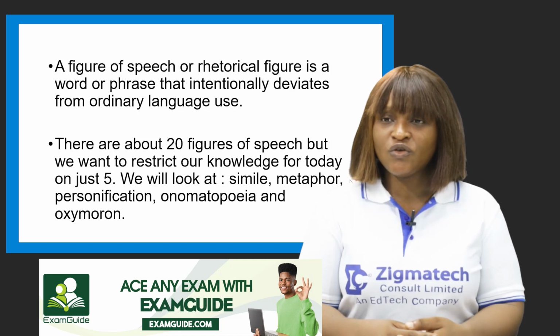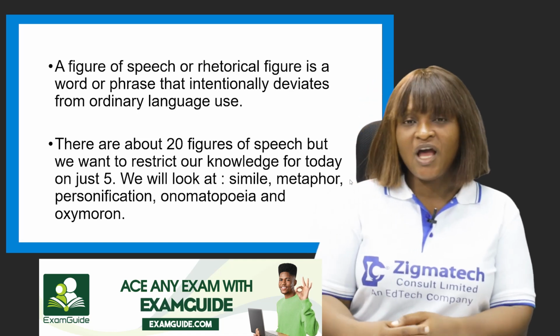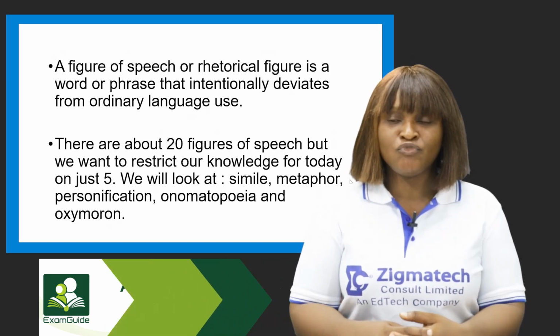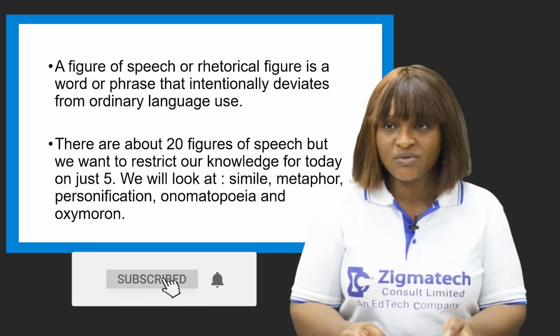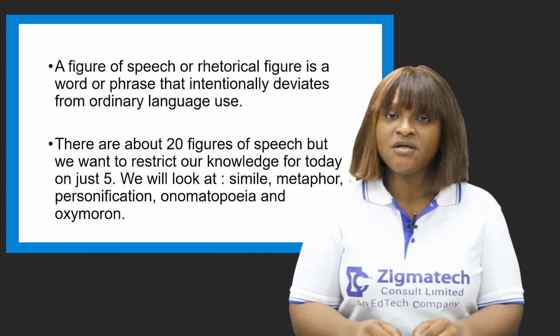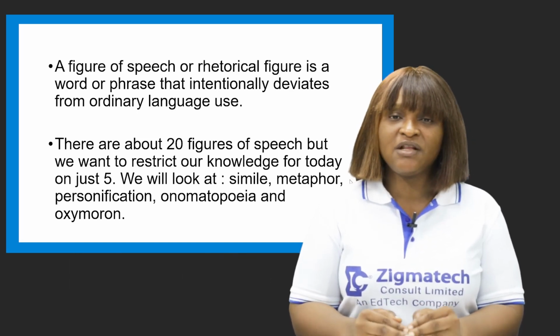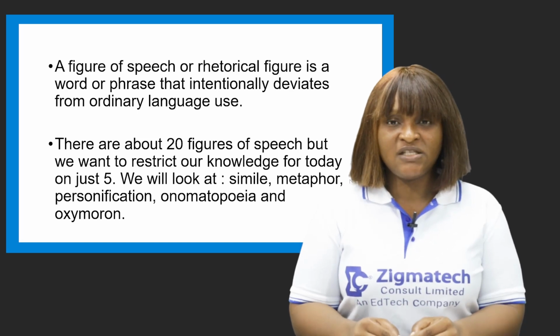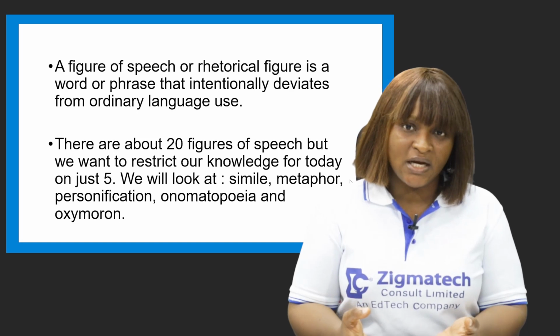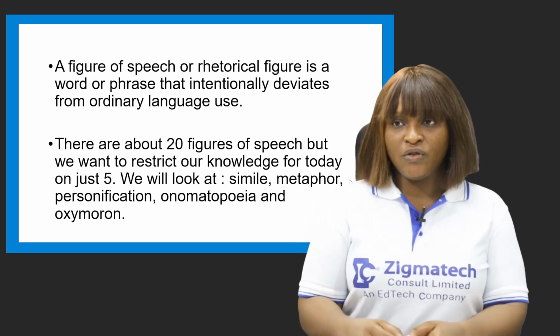All right, so I want to look at the definition proper and basically some examples on chosen ones. We're not going to exhaust all the figures of speech we have for today. So we just want to look at basically 5, let's say the commonest ones, then subsequently we can go into the others.